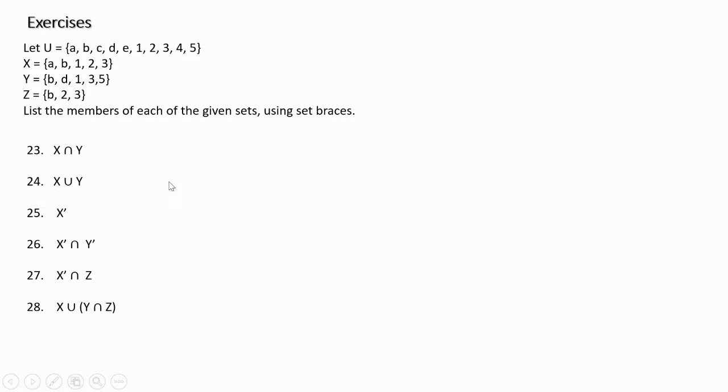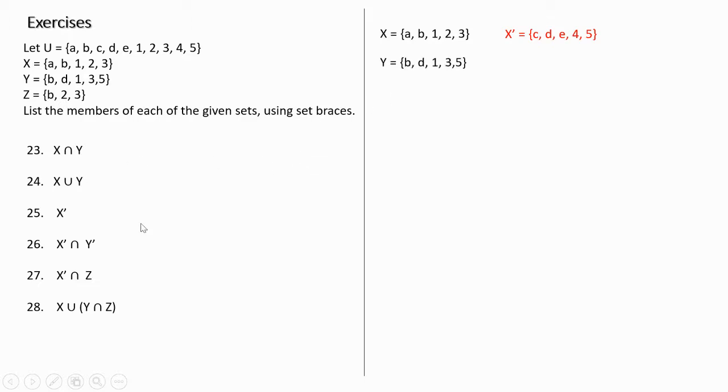So X intersect Y. Okay, so there's my X. I'm going to put X, then not X, because we're going to use not X, and I'm going to put Y and not Y. So for example, going back to what we learned earlier, if X is equal to A, B, 1, 2, and 3, and this is my universal set, then not X: not A, not B, so I put C, D, and E. Also we have 1, 2, 3 in X, so it's 4 and 5.